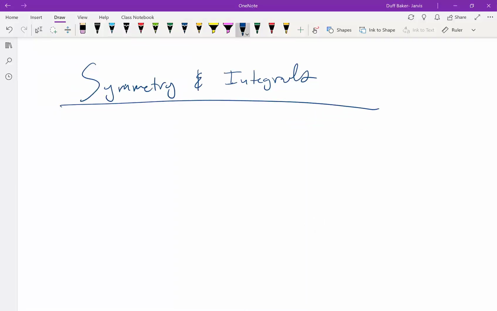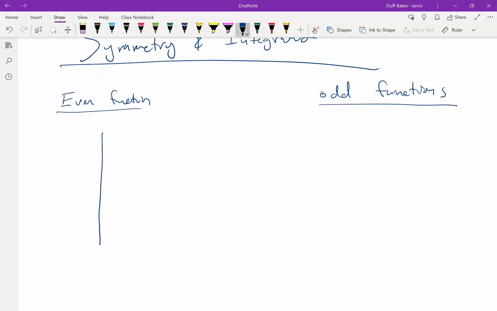So let's think about our two types of symmetries: even functions and odd functions. A lot of functions are neither, but some are even, some are odd. An even function basically means if you have a function that does something to the right of the x-axis, then it's got to do the reflected thing to the left.